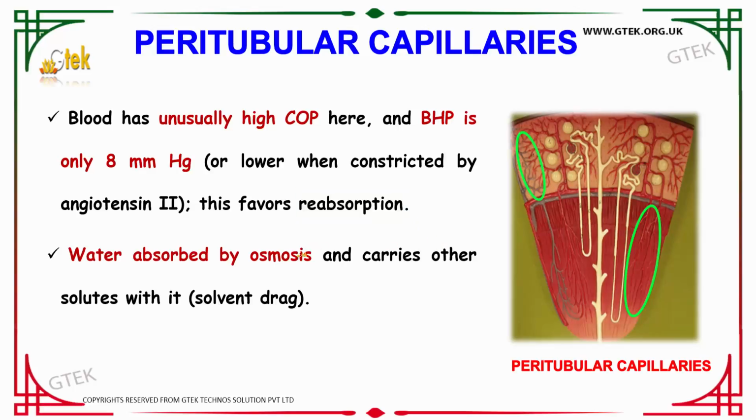Your water is absorbed by osmosis and it carries other solutes with it. So that is what is done in your peritubular capillaries. You can see over here your peritubular capillaries, which run around your glomerulus and nephrons.